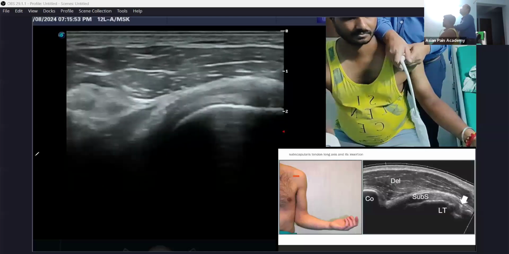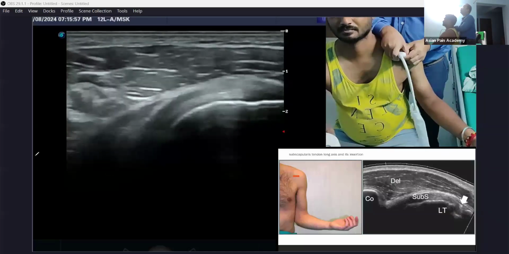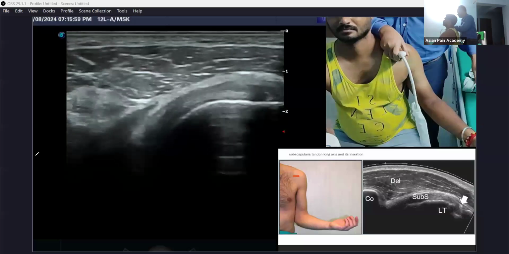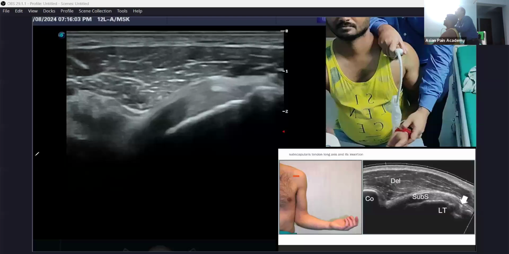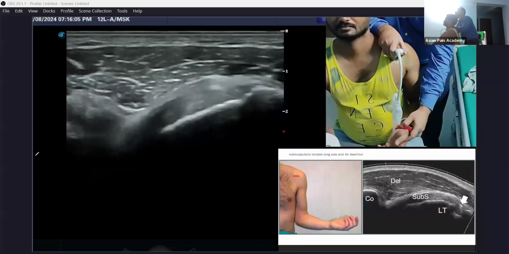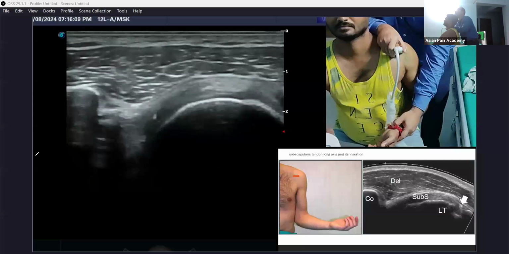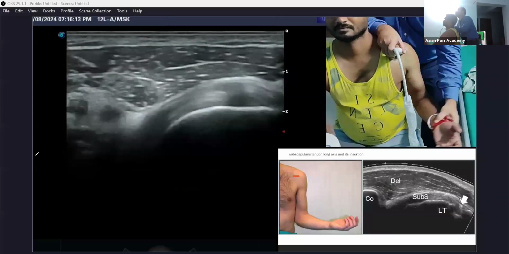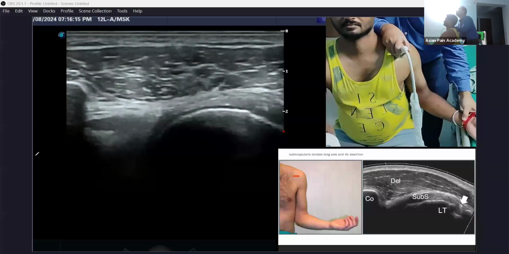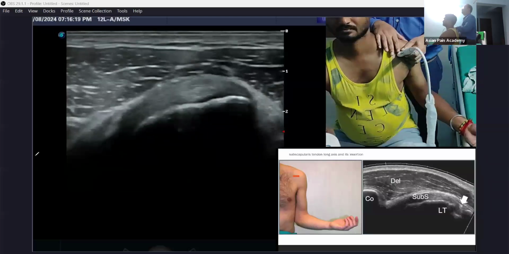I show you here the dynamic movement by which we have seen a longer part of the tendon. If the patient's hand would have been like this, then you will see a much smaller amount of tendon here, but when the patient's hand is like this, then only you can see a lot of the tendon.